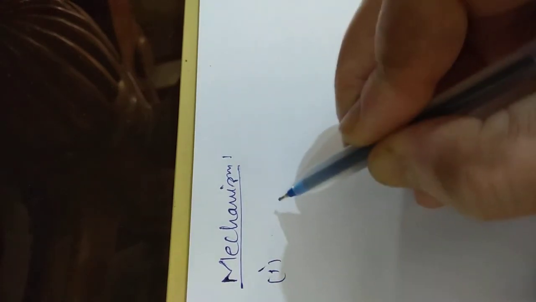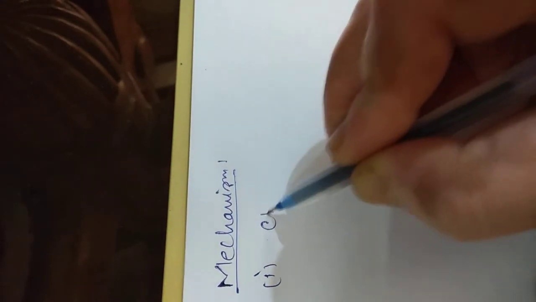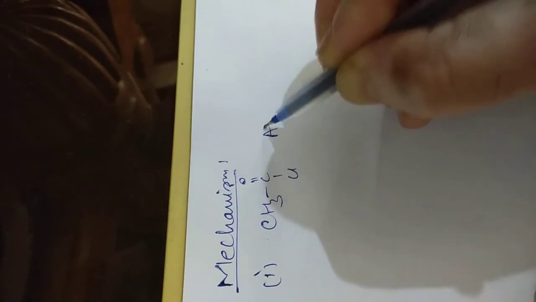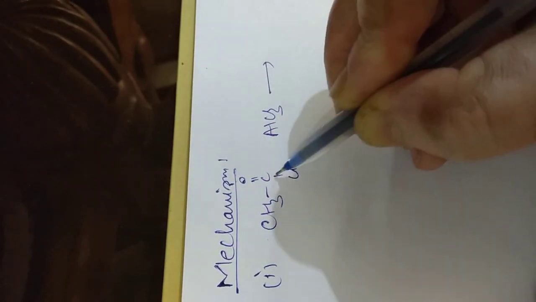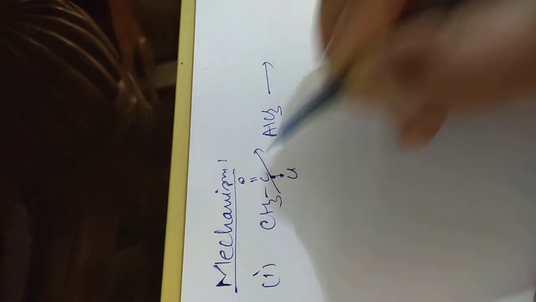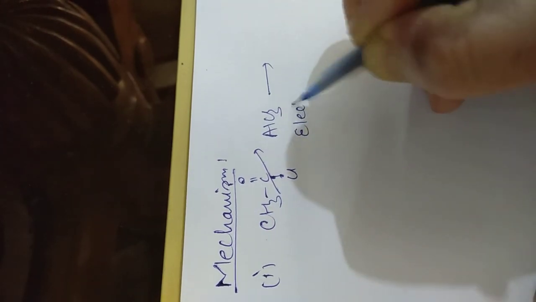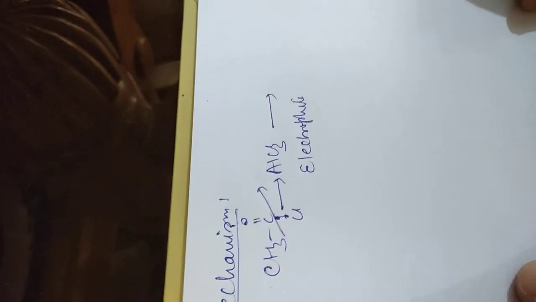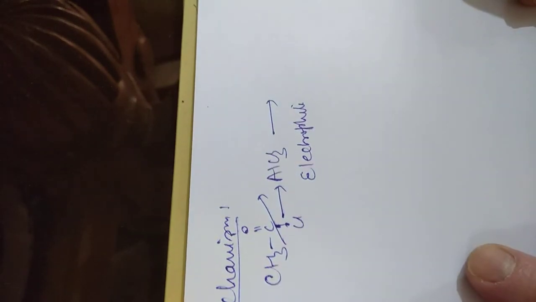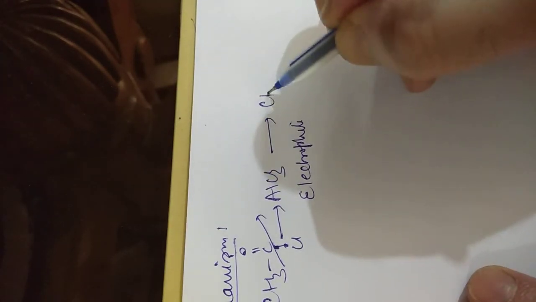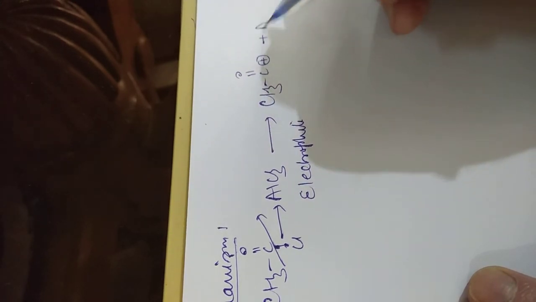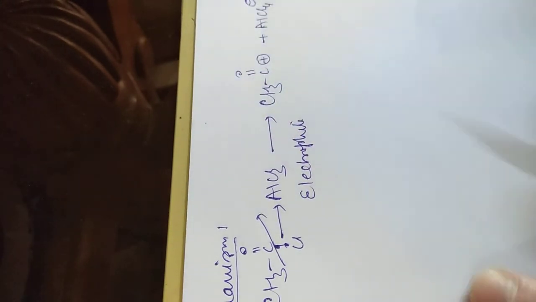What will happen in the first step? This is acetyl chloride, and when you react it with anhydrous AlCl3, because AlCl3 itself is an electrophile, heterolytic fission will take place. Air will try to get the stability. As a result, acetyl carbocation will form along with AlCl4 minus.